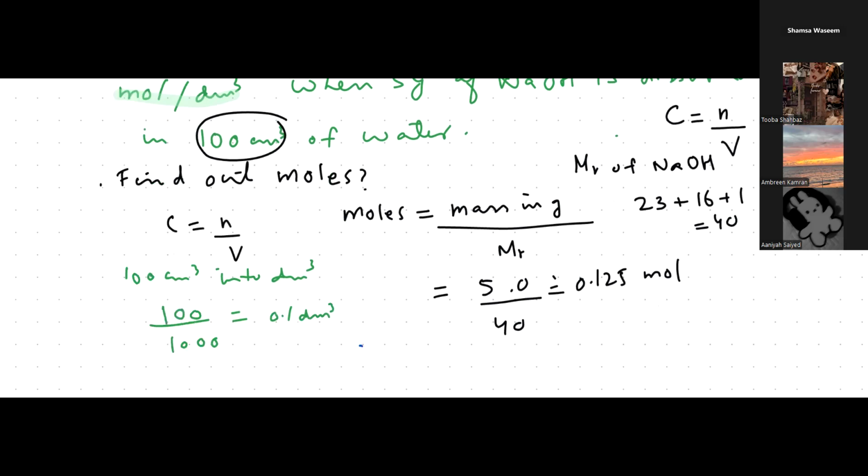Volume in decimeter cube is 0.1. So when you divide moles by volume, you'll get 1.25. Very good. 1.25, and the unit for concentration is going to be mole per decimeter cube. Okay? Right, girls? So this is how you find out the concentration.